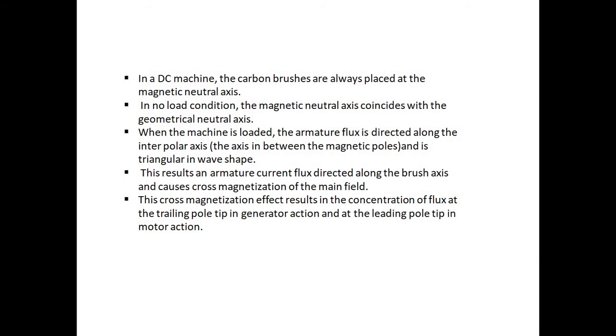This results in an armature flux directed along the brush axis and causes cross magnetizing of the magnetic field. This cross magnetizing effect results in the concentration of flux at the trailing pole tips in generator action, and at the leading pole tips in motor action.